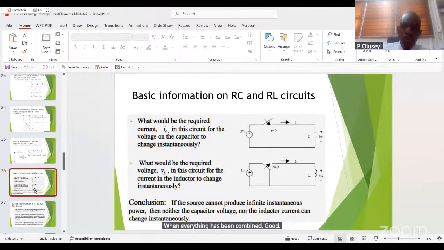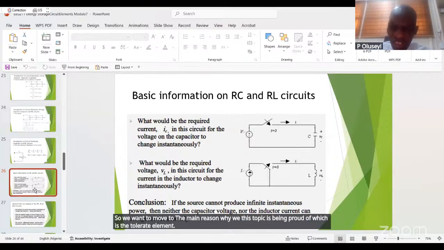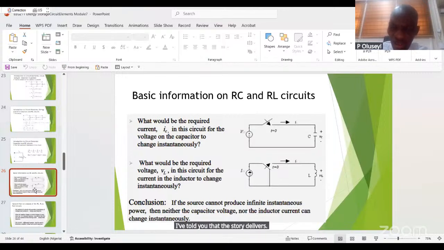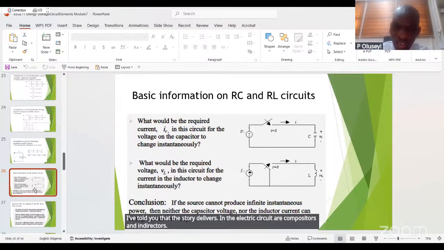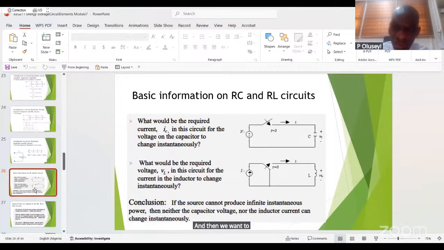So we want to move to the main reason why this topic is being brought up, which is the storage element. I've told you that the storage elements in electric circuits are capacitors and inductors. And then we want to look at how we can use them. When you are trying to close an open circuit and you toggle the switch as you see it, the arrow going down means that the circuit is about to be closed.